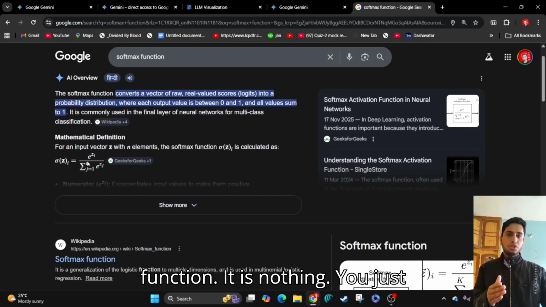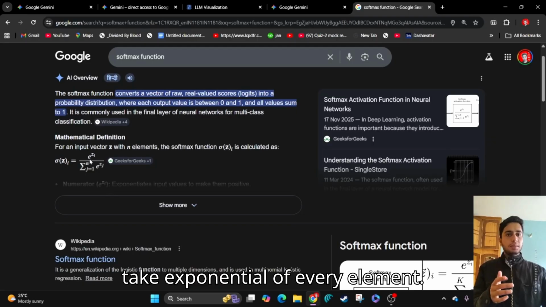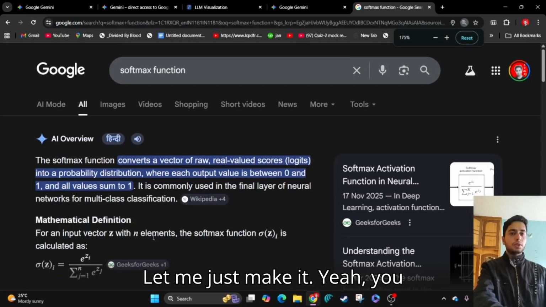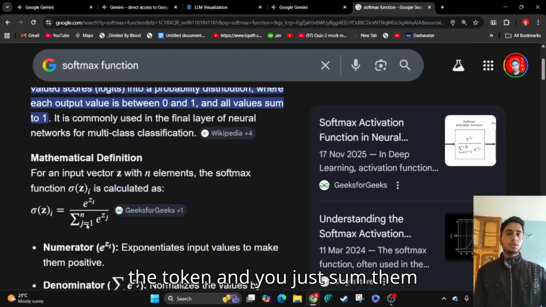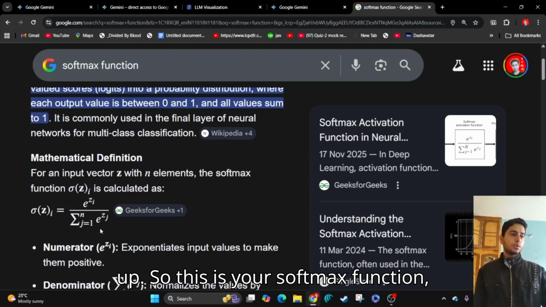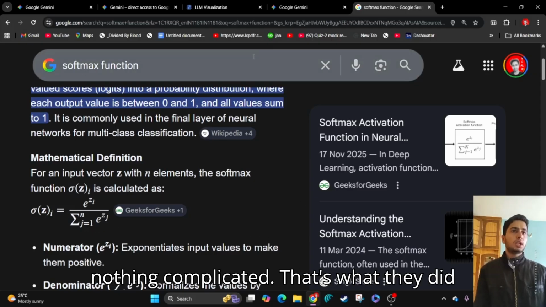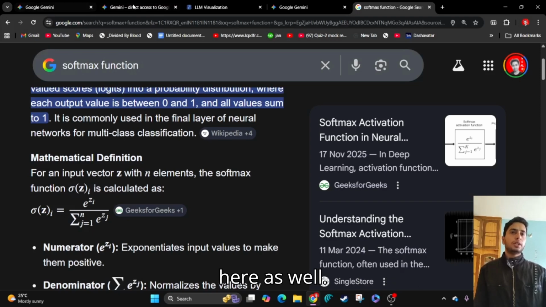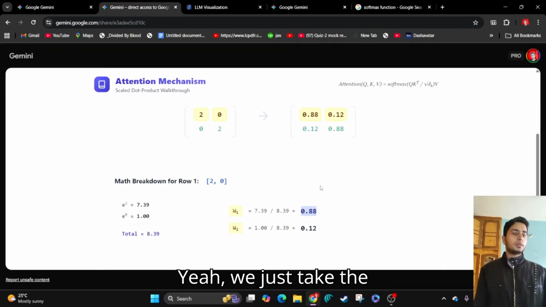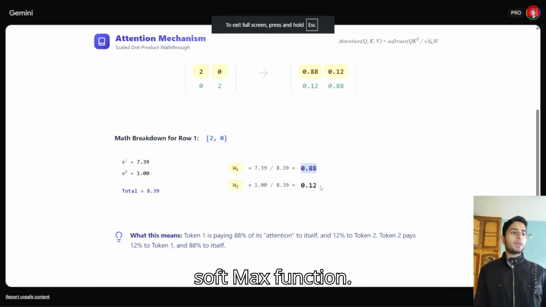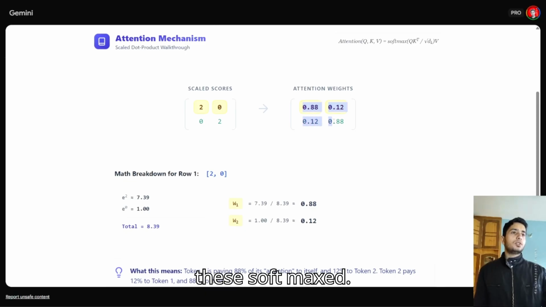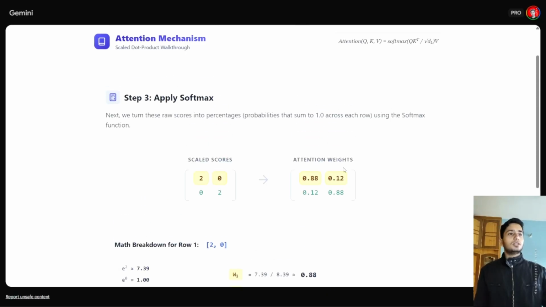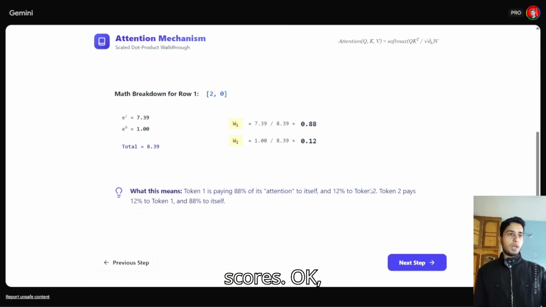You just take the exponential of every element in the token, and you sum them up. That's what they did here as well. We apply the softmax function, and we get these softmaxed attention scores, I would say.